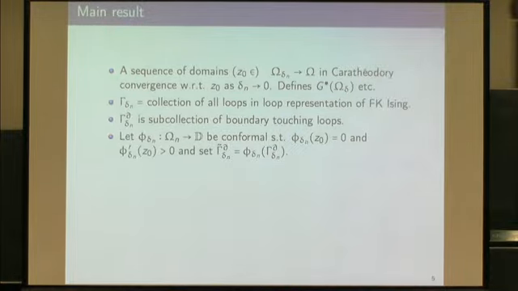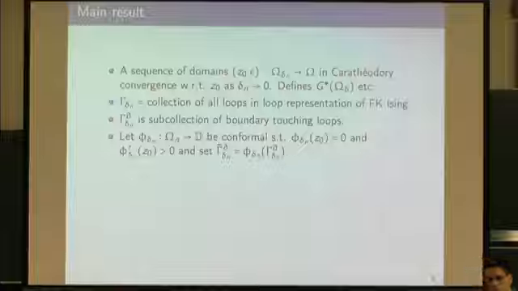So basically we want to start from some domain and fix some point in the domain, and suppose that these discrete domains, consisting of those octagons, converge suitably to some continuum domain. And then we consider first of all these loops of this FK Ising, but then we restrict to the sub collection.